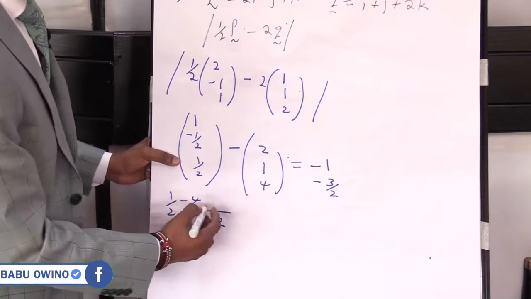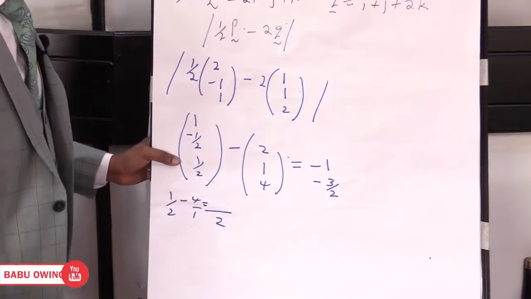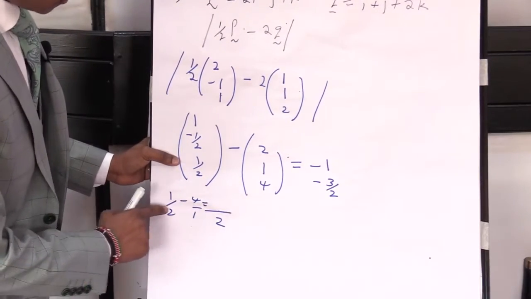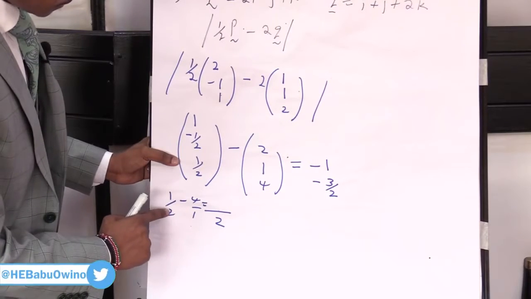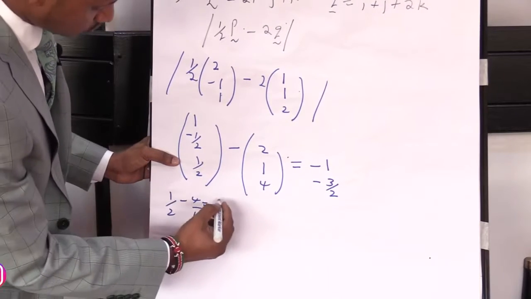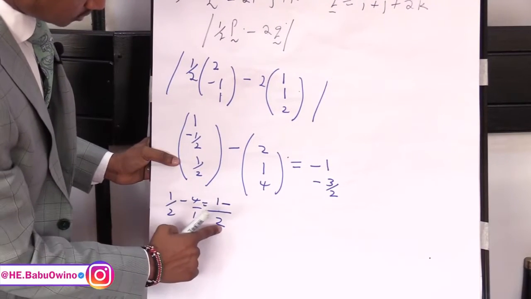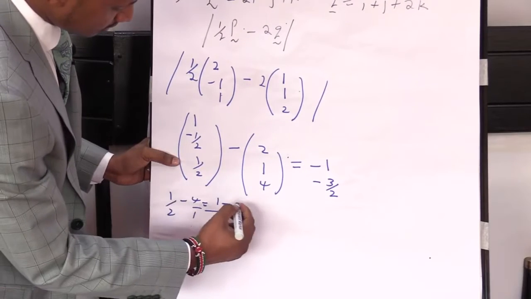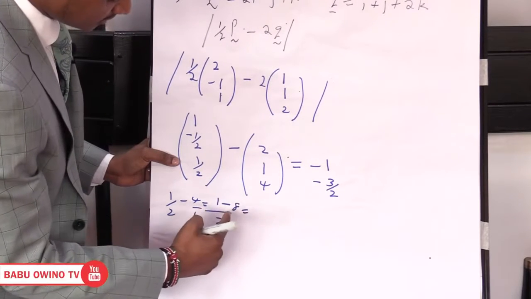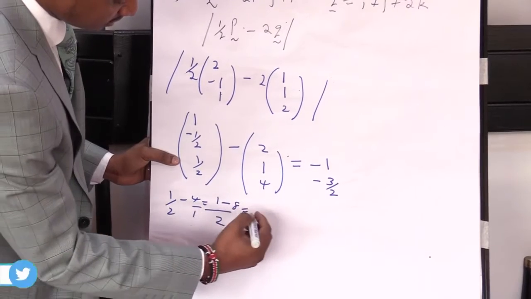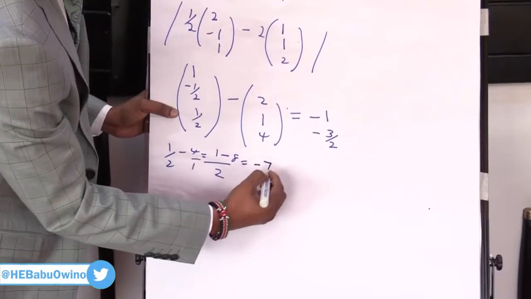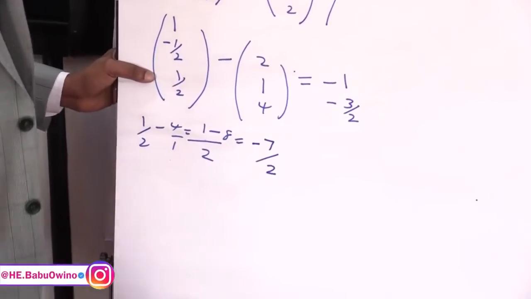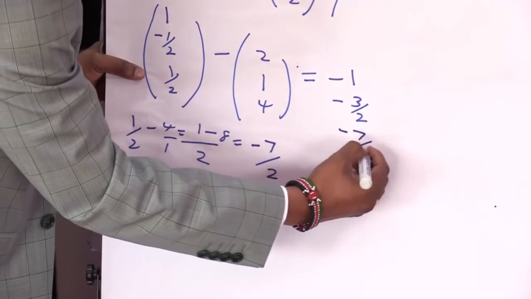I'm just trying to oversimplify this. So a half minus 4, get the LCM, which is 2. So 2 goes into 2 one time, that is 1 minus, this goes here, 1 goes here twice, 2 times 4 is 8. So this is 1 minus 8 is minus 7 over 2. So here is minus 7 over 2.